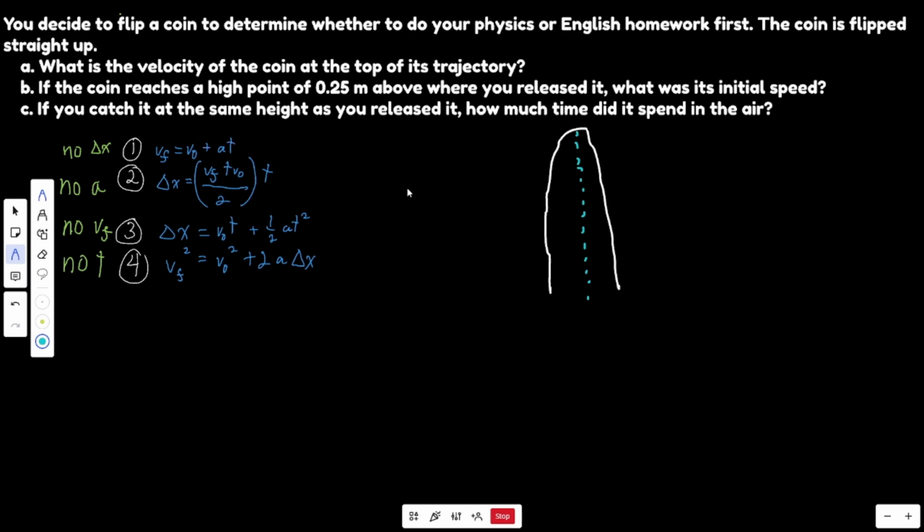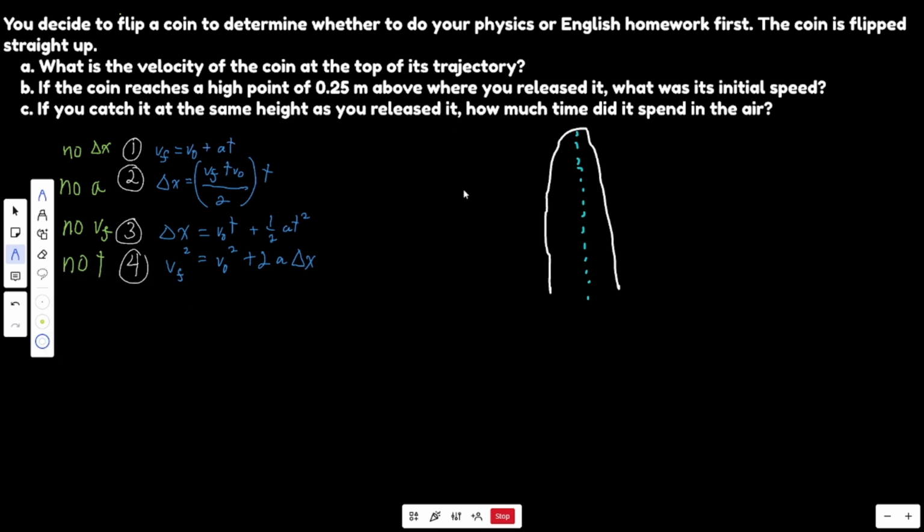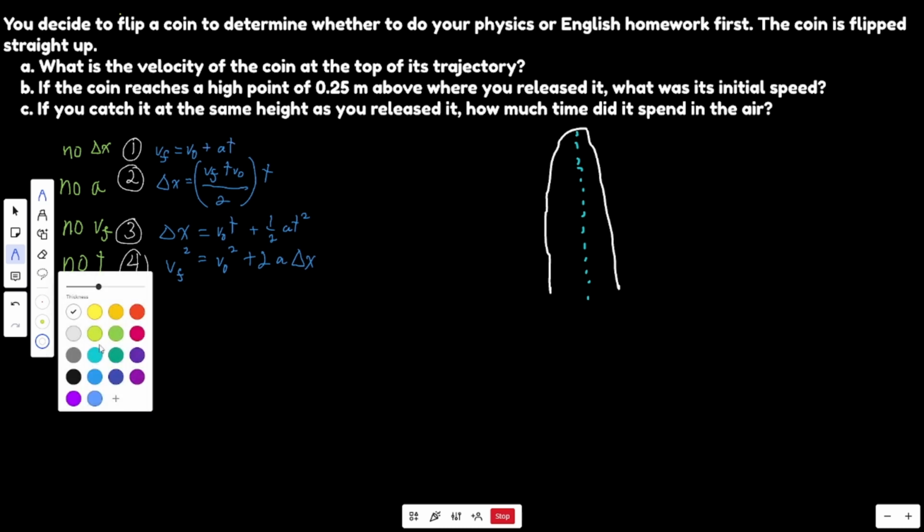Our first vector is not given. It doesn't tell us what the initial speed was. So how do we solve this question if we're not given any given? As far as we know right now, all we have are the following quantities. Let's use the magenta pen.